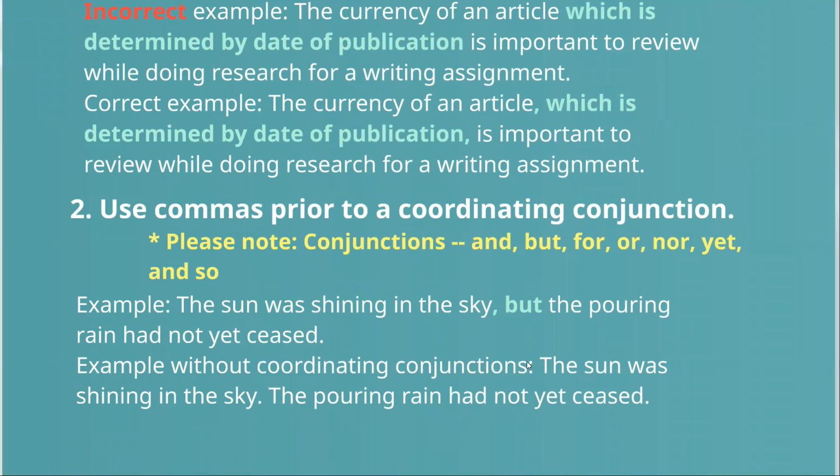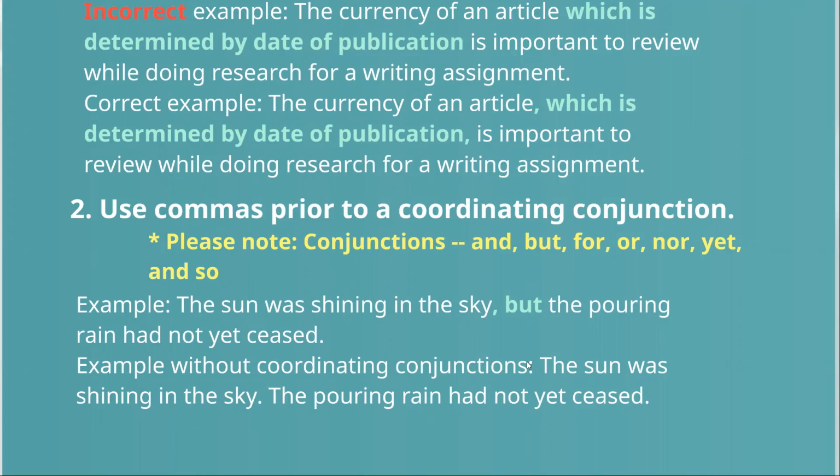All right, moving on to rule number 2: use commas prior to a coordinating conjunction. I've included 2 correct examples here, but we're going to look at the first example first. It reads, the sun was shining in the sky, but the pouring rain had not yet ceased.